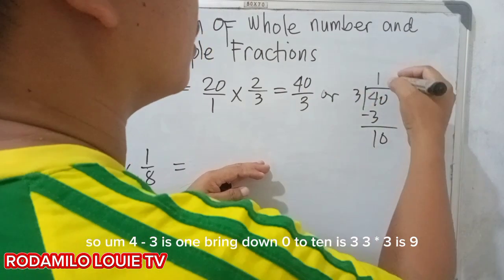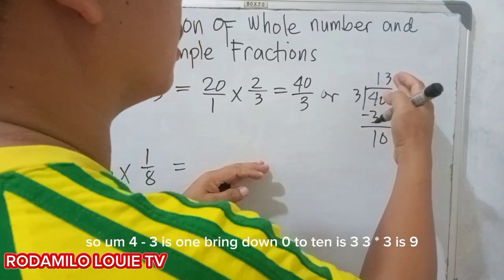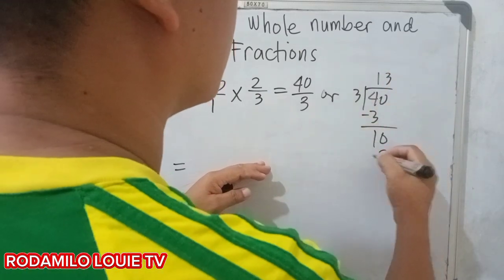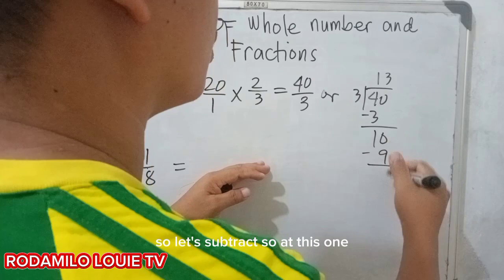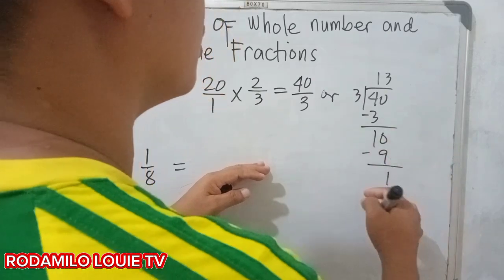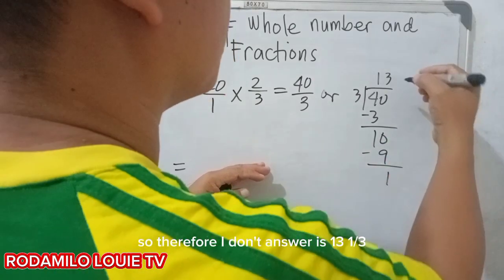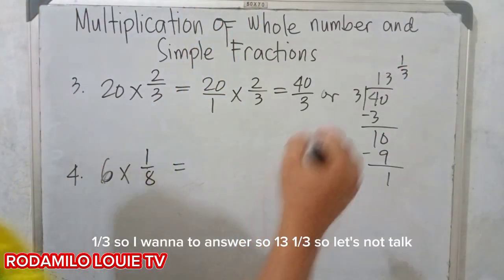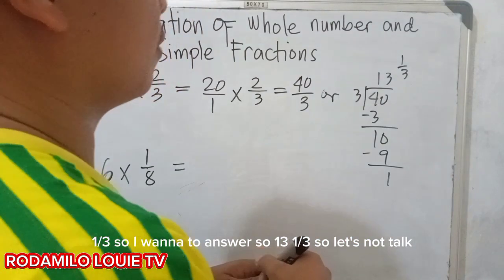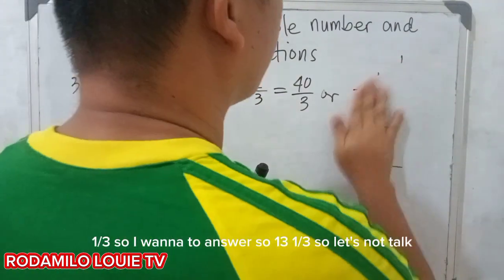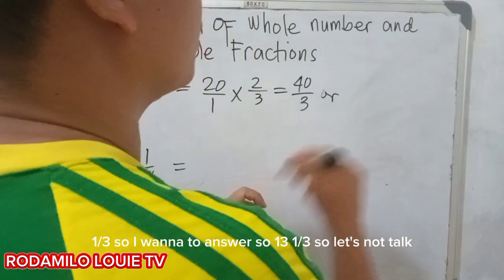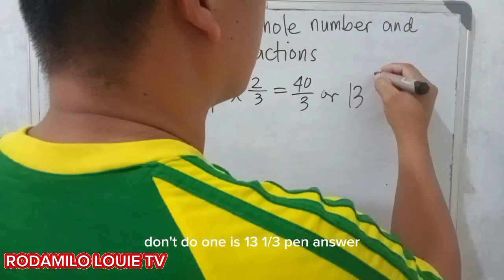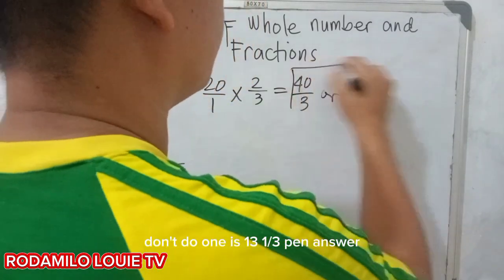So, 10, 3 times 3 is 9. So, let's subtract. So, it is 1. So, therefore, ang answer is 13 and 1/3. So, muna ang atong answer. Itong tubag is 13 and 1/3.